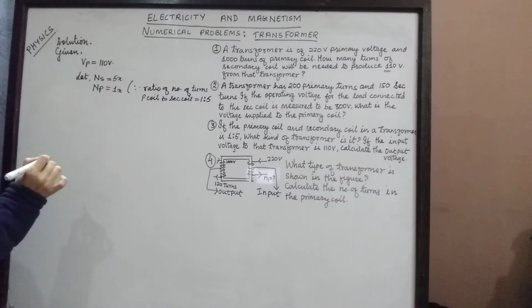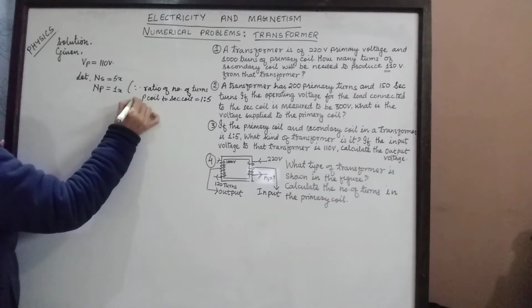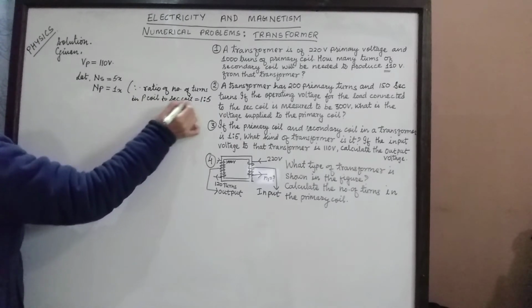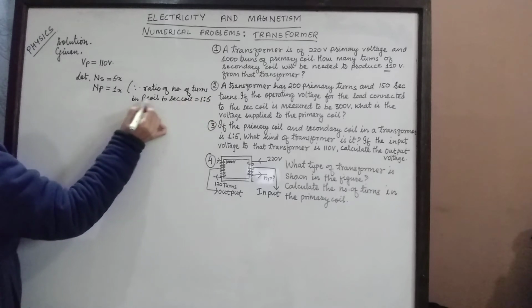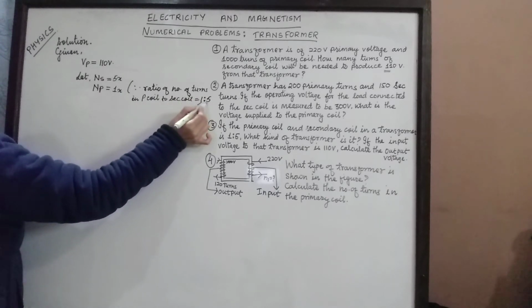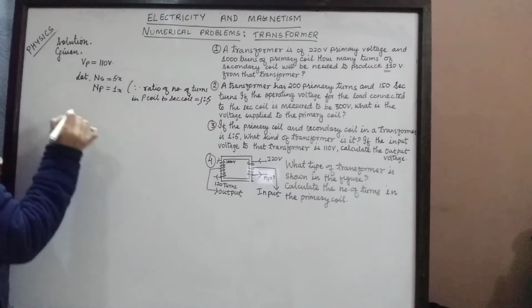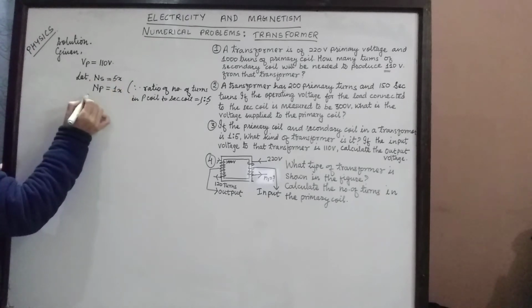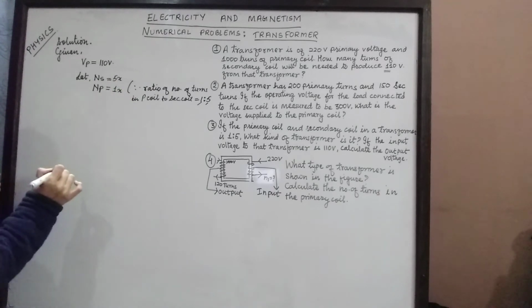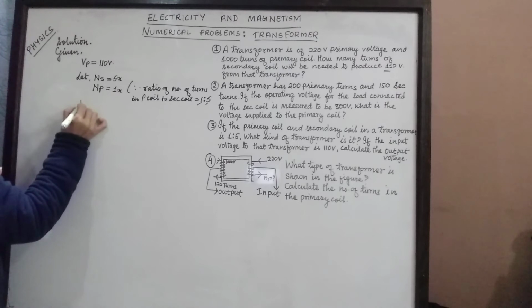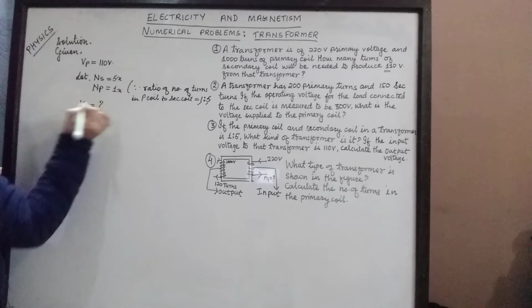So let NS be 5x, NP be 1x. Now what you have to find is the voltage in the secondary coil.